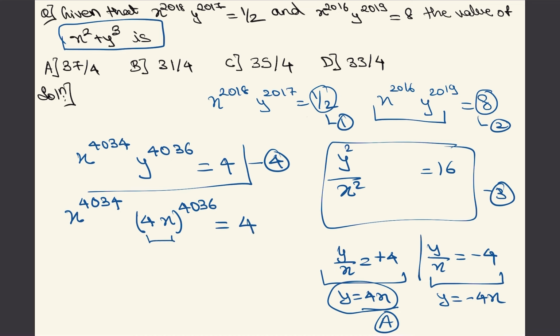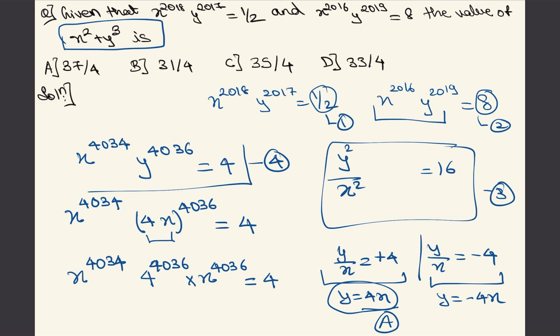Now 4x can get separated, so this becomes 4 to the power 4036 times x to the power 4036 is equal to 4. Did I make a mistake here in any values? No, I did not.